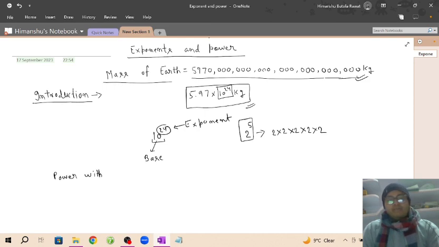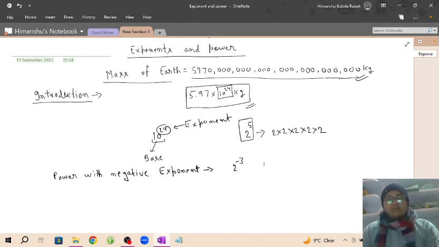Power with negative exponent. Suppose we have a number like 2 raised to the power minus 3. Here the base value is 2 and the exponent is negative, minus 3.